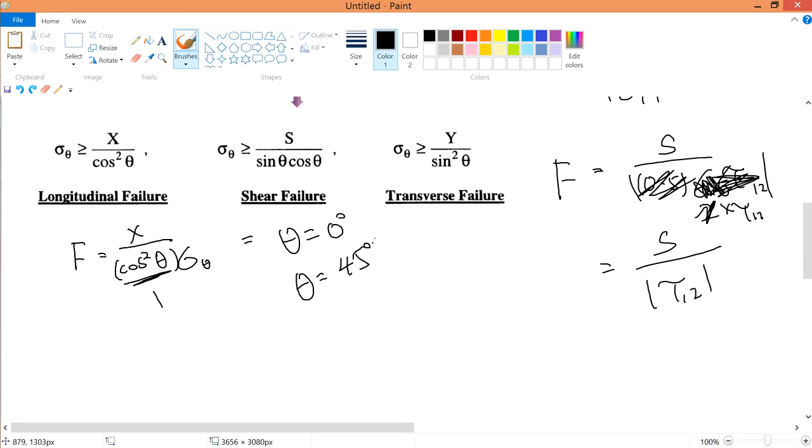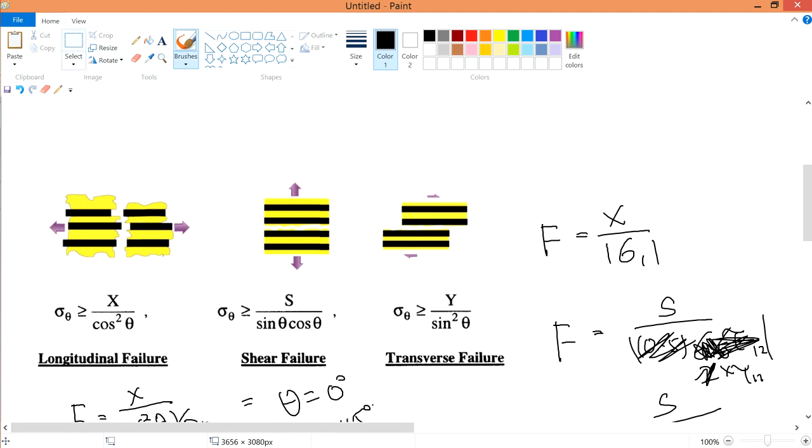Likewise, if it's 90 degrees, sine 90 is equal to 1. So the factor of safety is equal to y divided by sine squared theta times sigma theta, which is actually sigma 2.